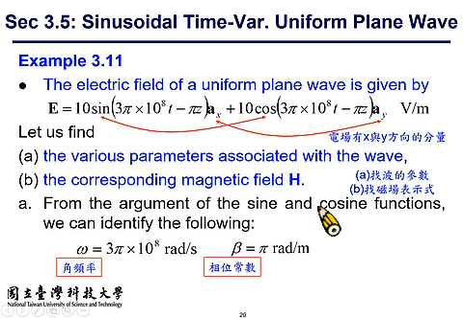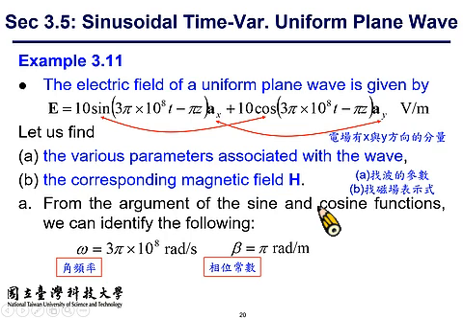Another important criterion is the magnitude of the two orthogonal components should be the same. As you can tell from this equation, the magnitude for the X component is 10, and it's 10 as well for the Y component. So in fact, this is a description of a circularly polarized electromagnetic wave.